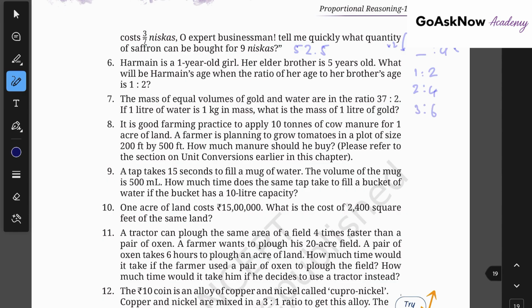The age difference is 2, then age difference is 3. We have to find the age difference 4. 4:8. The age difference between those two is 4. So when Harmain's age is 4, her elder brother's age is 8. So the ratio is 4:8 since the difference in age is 4.